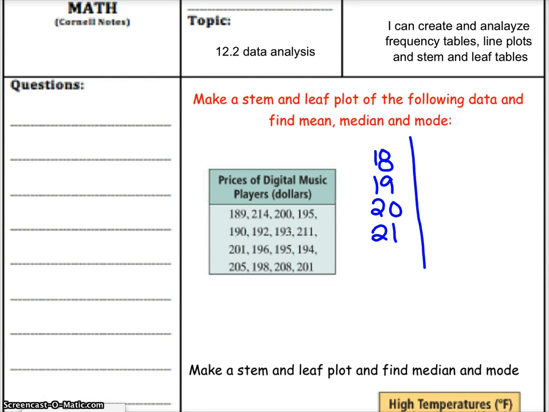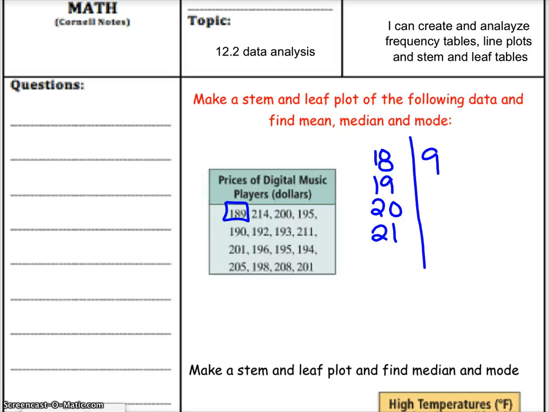So the first thing I'm going to deal with is my 180s. So I have a 189. That represents 189.